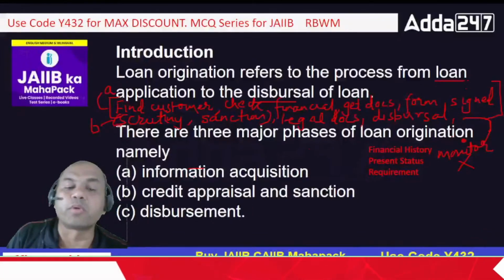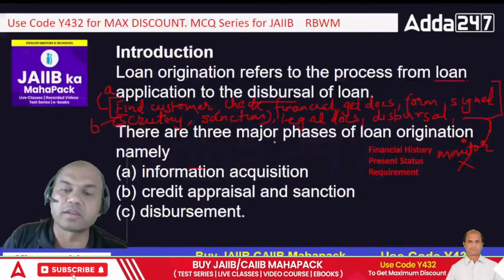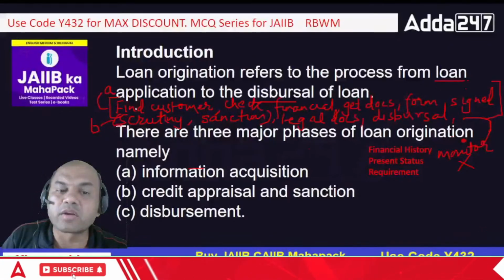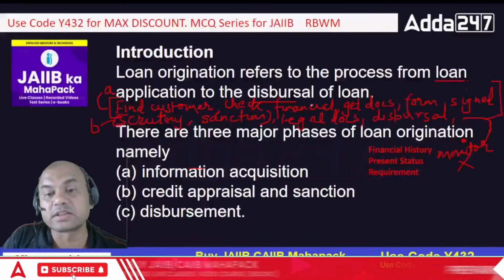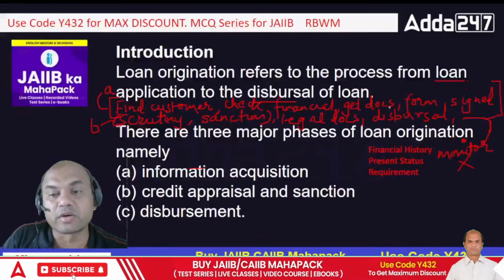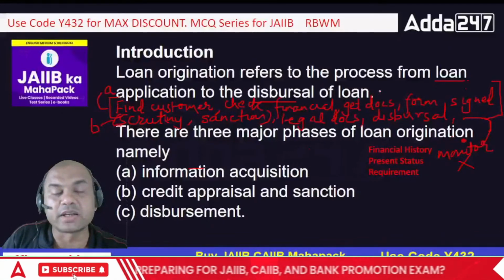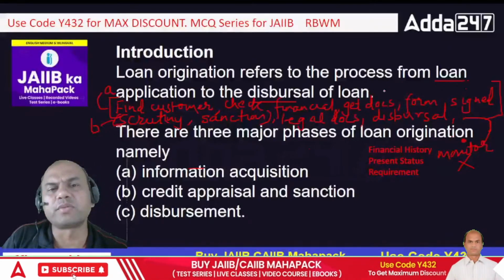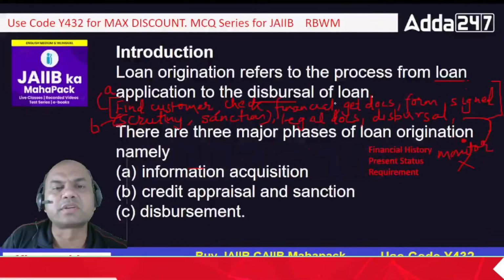Okay, so the point which we must remember always is information acquisition is a major part in any loan appraisal. Why? Because here you are doing the major work: finding the customer, checking the financials gross level, getting the documents, form signing. Getting the documents is itself a huge task in banking. Many a times, even good customers give you only some documents.